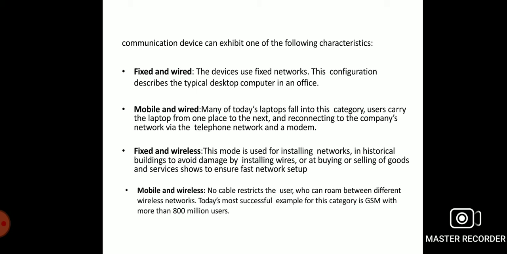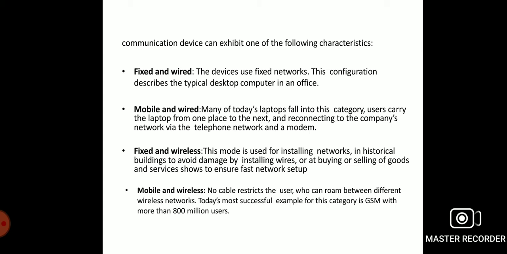The third category of communication device characteristics is fixed and wireless. This mode is used for installing a network in a historical building to avoid the damage of installing wires. So the wires are replaced with wireless transmission, to ensure fast network setup.